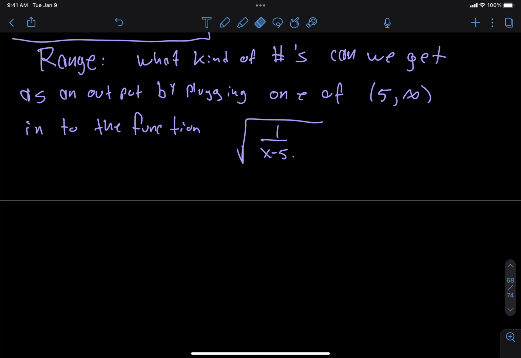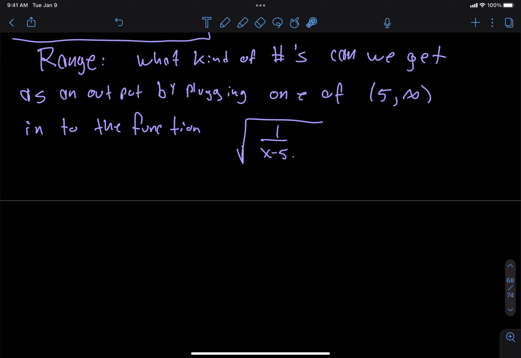So when x is very close to 5, this number becomes very big, approaching infinity. It gets bigger and bigger the closer we get to 5. And how about if we make x really, really huge, like a billion?